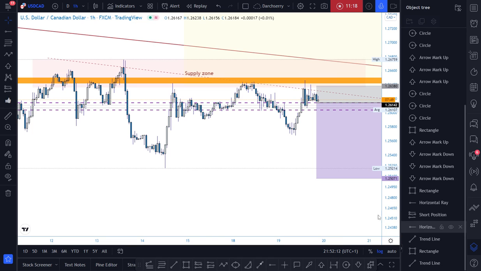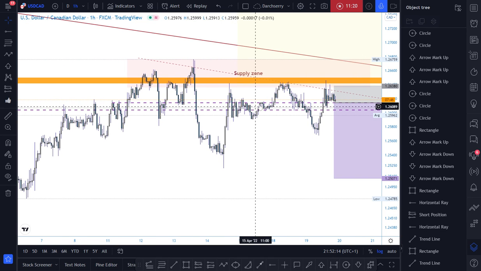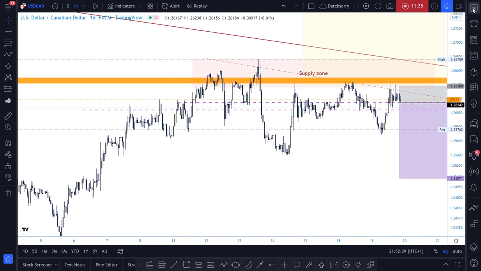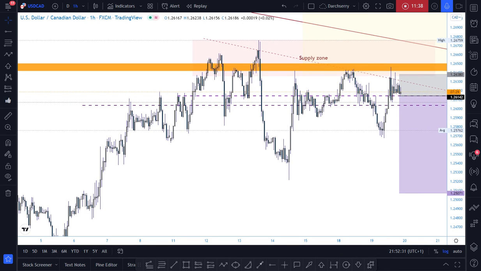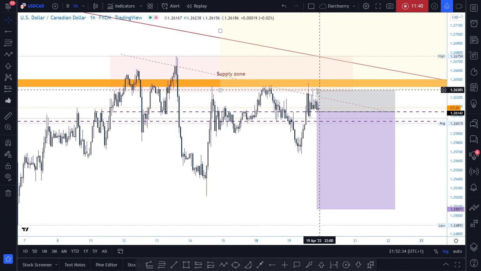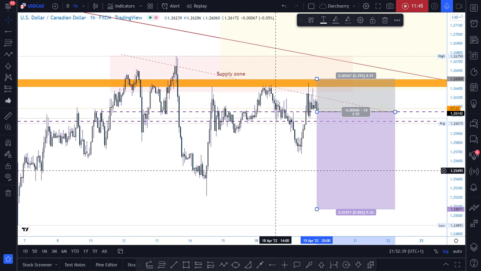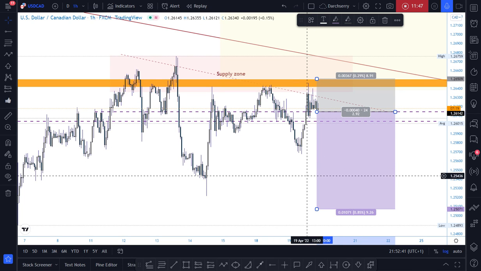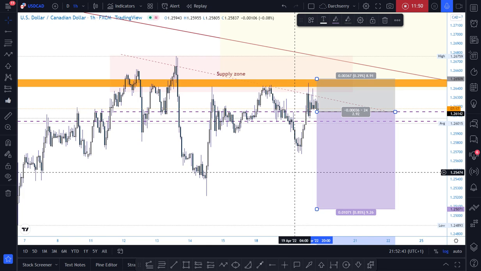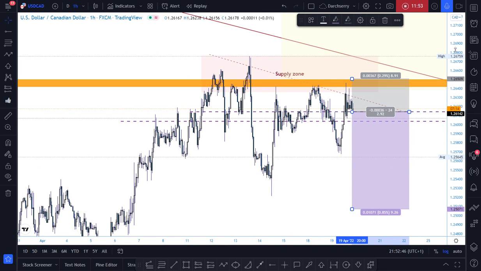I already had a pending order at 1.26145 and 1.26050, where I'm expecting price to strike through this area, with my stop loss right above this key level at approximately 40 pips. So I'm looking at approximately 110 pips on this trade.